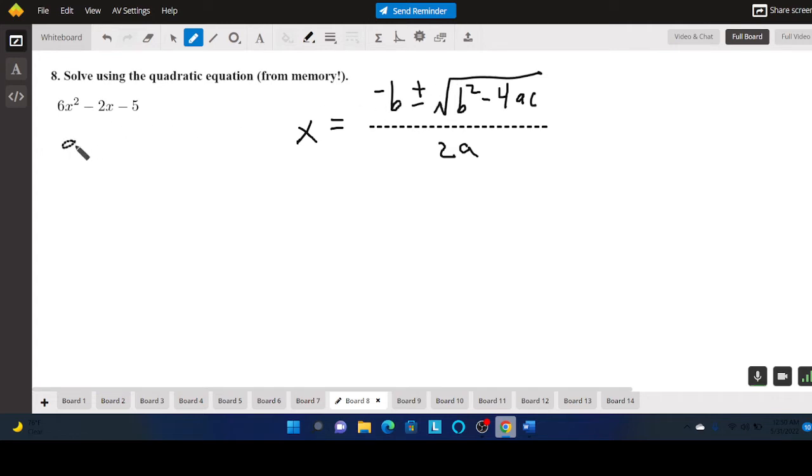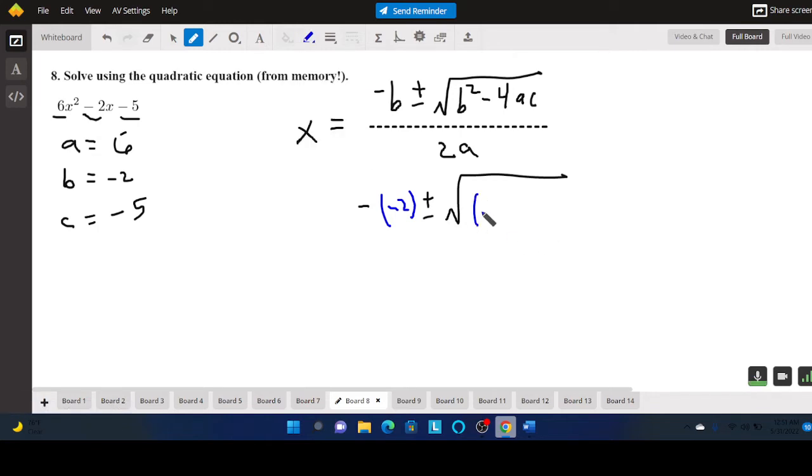Now let's determine a, b, and c. A is 6, b is negative 2, and c is negative 5. Substituting those in, I'm going to substitute a negative 2 for b, and then we want the opposite of it, plus or minus the square root.